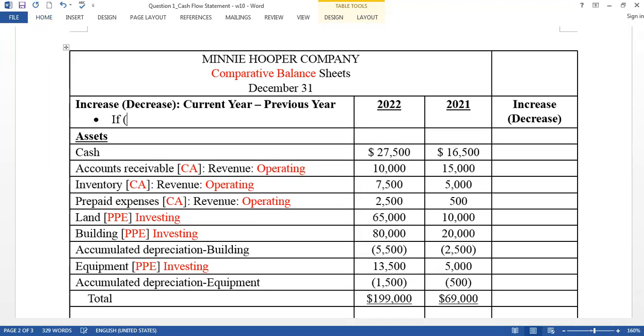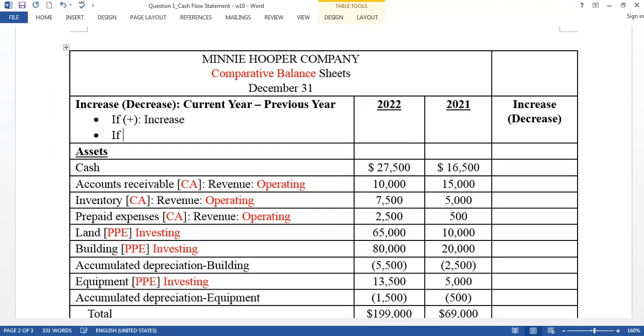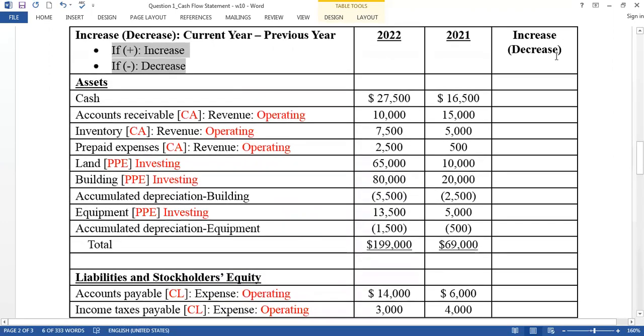If you find a plus sign, it means that it is an increase. If you find a minus sign, it means that it is a decrease. So we are going to apply this formula to this column.